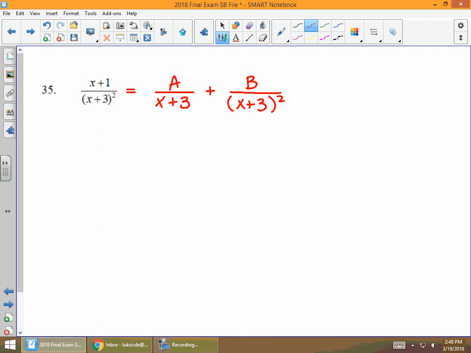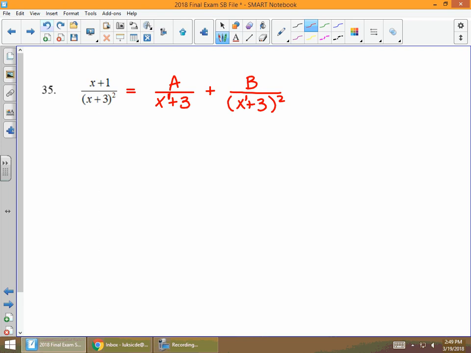If you had an irreducible quadratic like x squared minus 3 or x squared plus 3, that's when you would have ax plus b up top. But since x plus 3 is a little linear guy, and x plus 3 squared is still linear, you're looking at the exponent on the x to decide if they're linear or not.